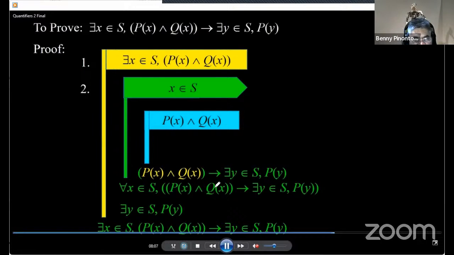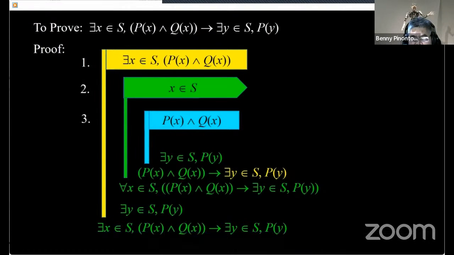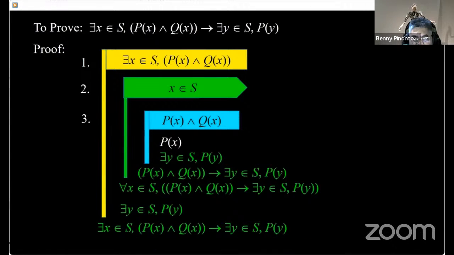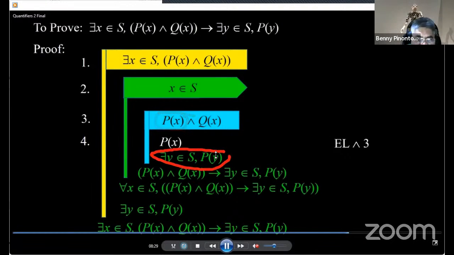Okay. Now, this one is not so difficult because here you have this and that. You have this and this, then you can take one of these, then you have that.